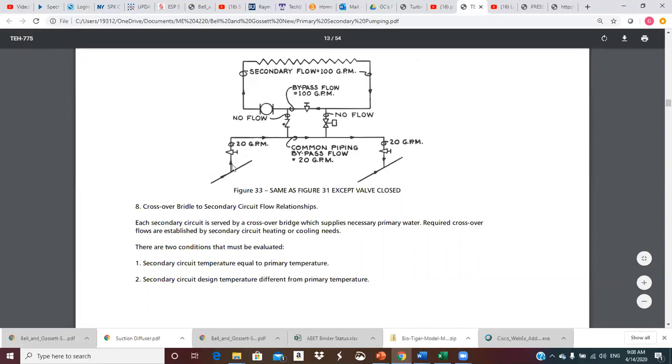On the crossover bridge, we see we're sized at 20 GPM, which tells me that this water coming up on your primary supply into the crossover bridge is probably much hotter. We're going to take that water up here at the design condition and mix it.